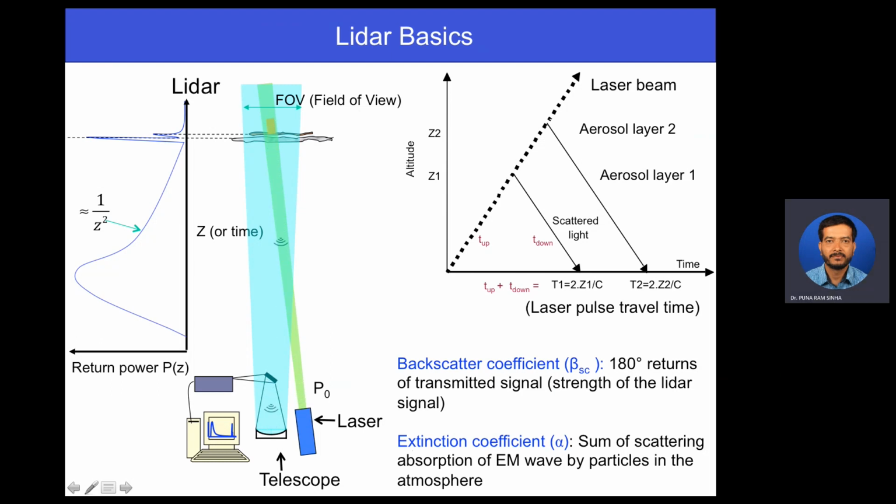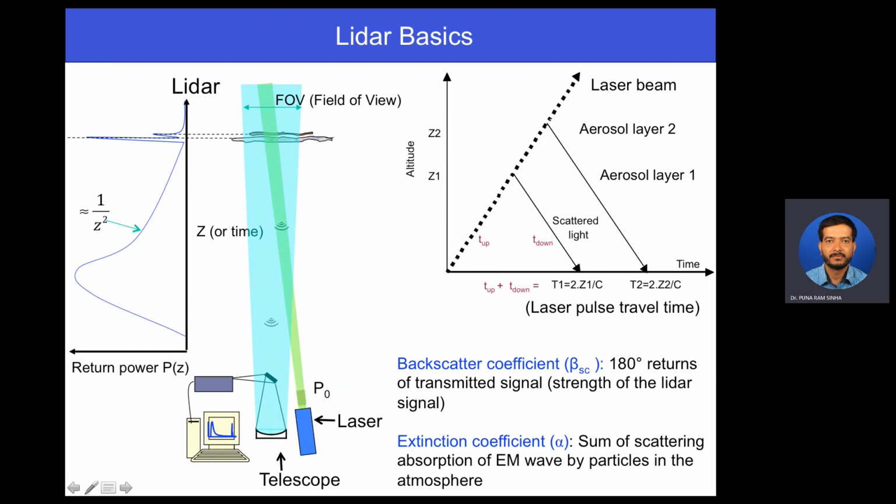From layer 1 we get the signal that is stored with time stamp. Then it goes further, because it will not stop here. It penetrates further, and from there also we get the return signal. That signal is also stored. For each signal we know the time. Since the speed of light is known, we can calculate the range, and that is shown over here.